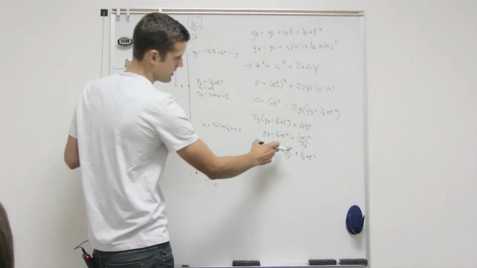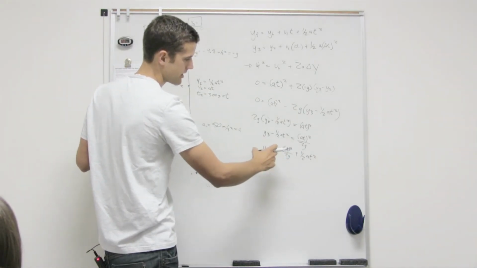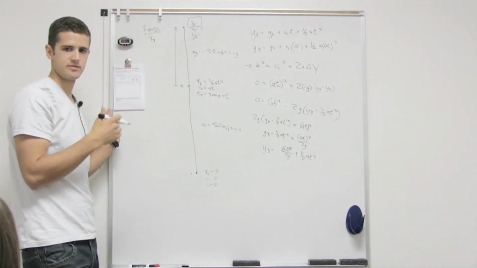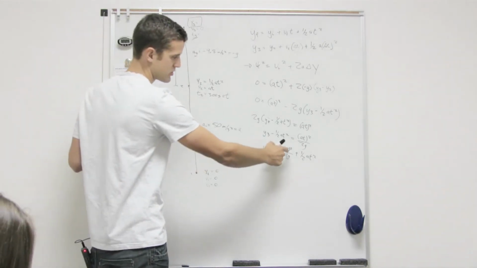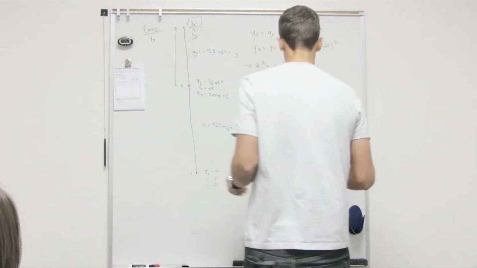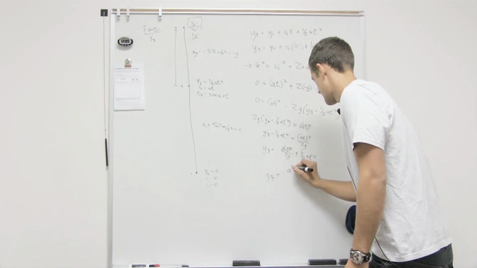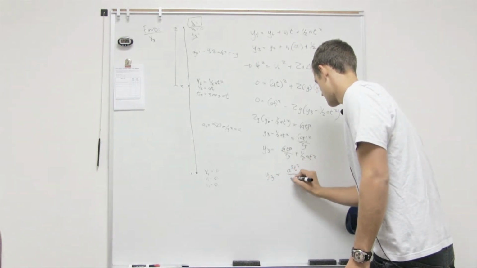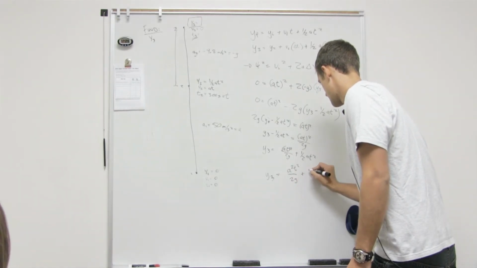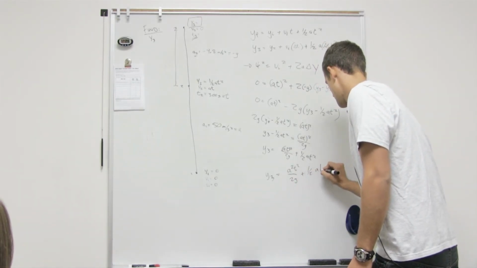And if you want to, you can square this out so that you don't run the risk of, you saw how I kept dropping those parentheses. So you can actually write it as y3 equals a squared t squared over 2g plus 1/2 a t squared.